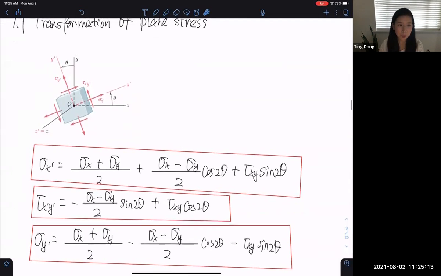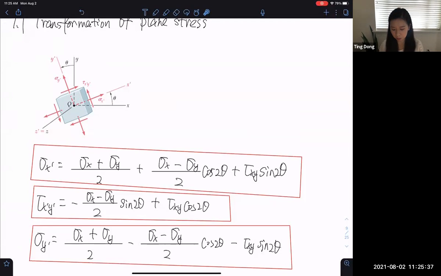For stress transformation, we have two methods. We can use the equation method, or we can use Mohr's circle. If I don't specify which method you have to use, you can use either method you want. If I say, solve this problem using Mohr's circle or using the equation method, then you need to use that method.